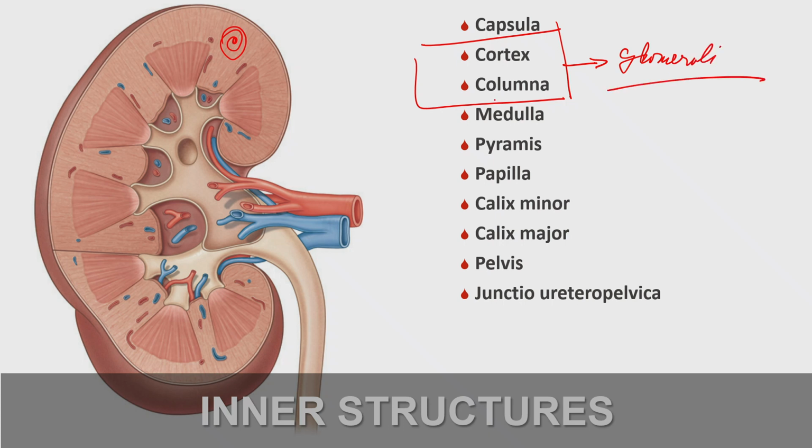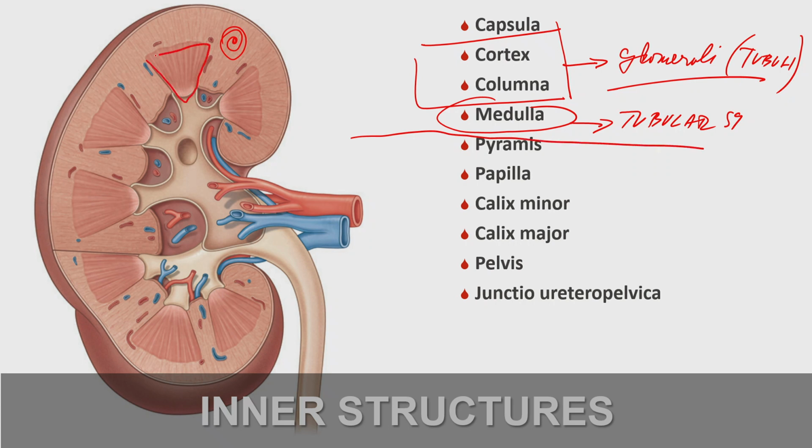And then we have the medulla, which contains mainly the tubular system. But here also we have some tubuli. So those are the two major parts.